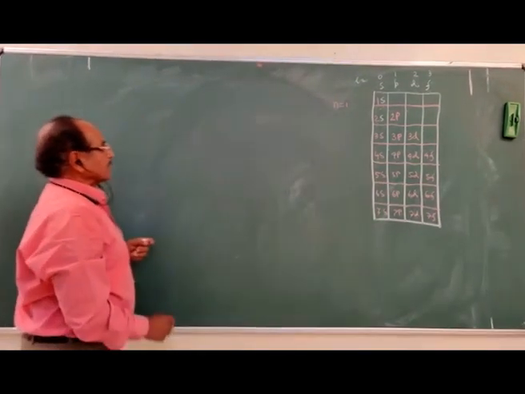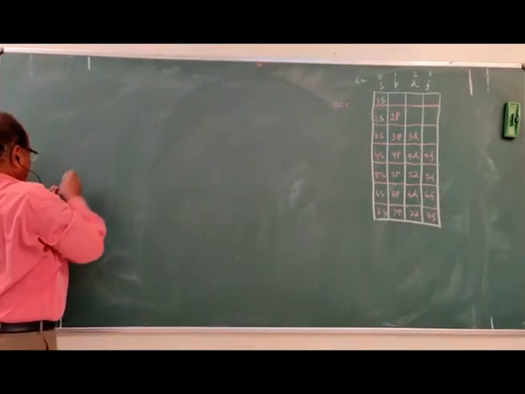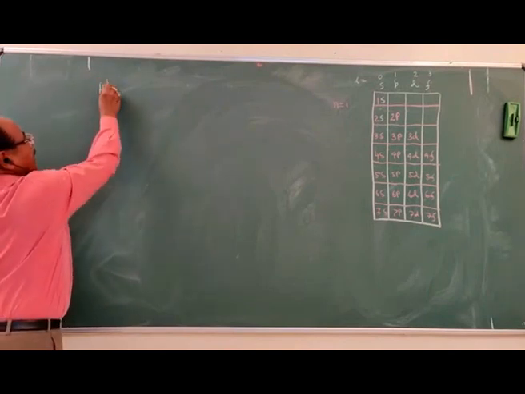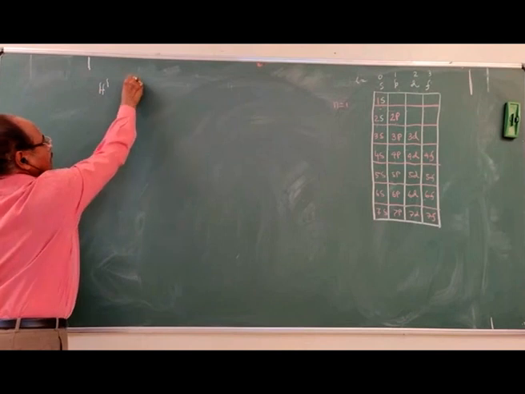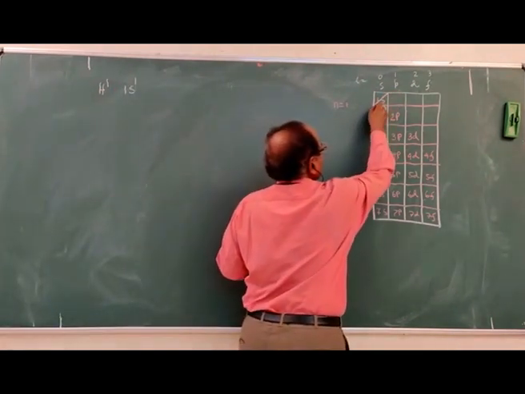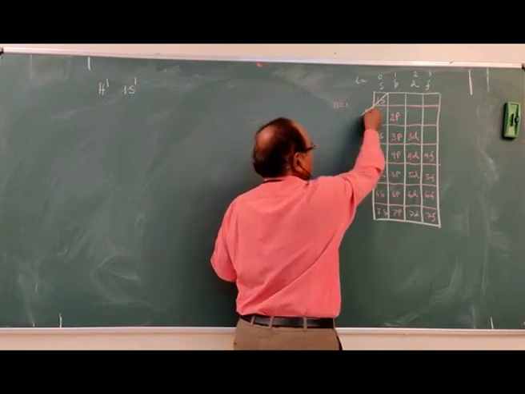Now let's start with hydrogen, atomic number 1, and the electron configuration will be 1s1, because the electron will be filled up into the first 1s orbital.